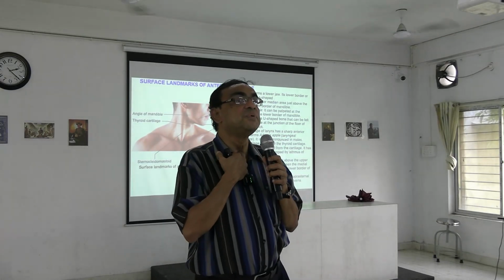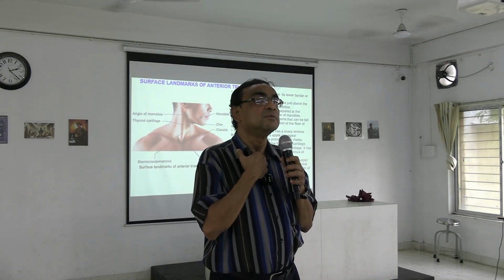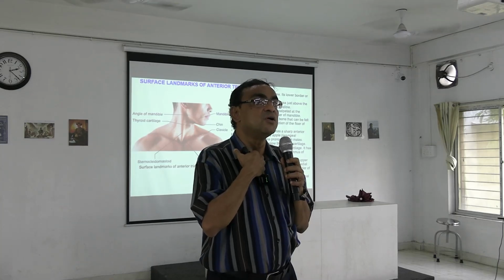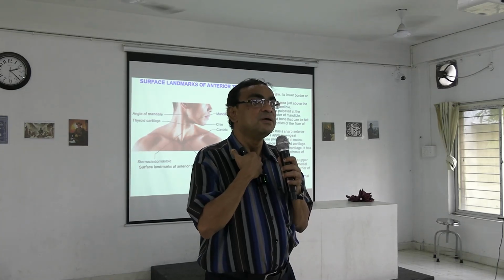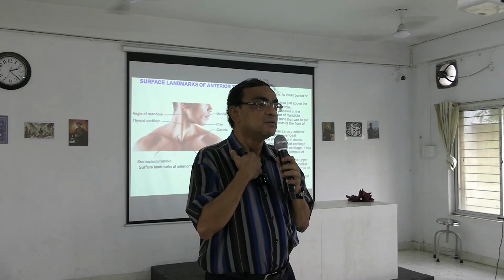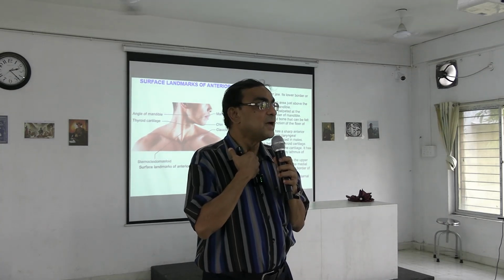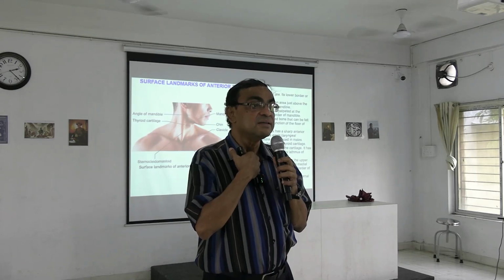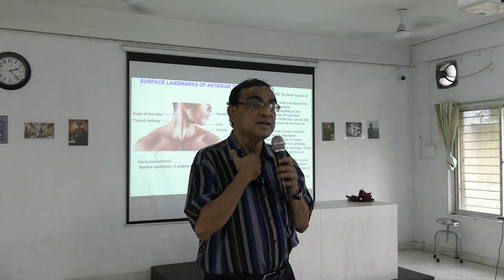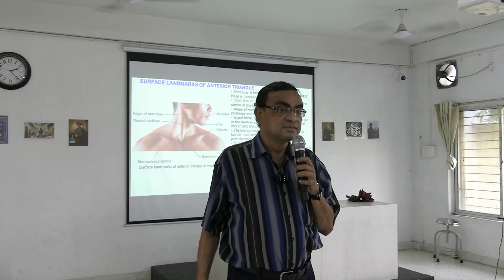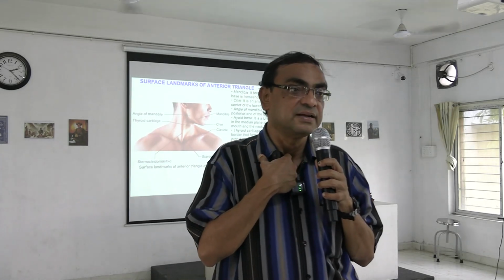And ultimately here we can feel the isthmus of the thyroid gland, and below, if we feel, there is a tube-like structure, that is nothing but the trachea, or tracheal rings we can get. Incomplete C-shaped cartilages we can get.